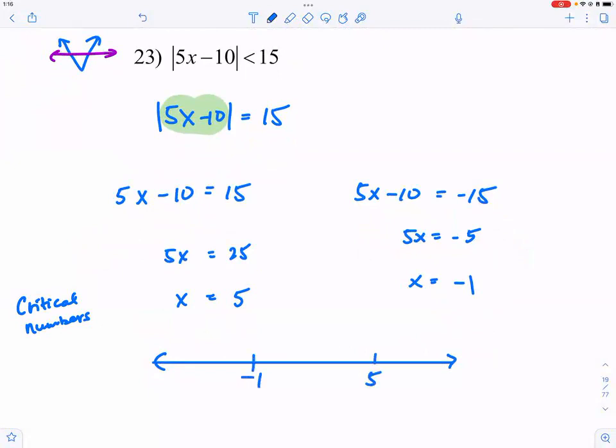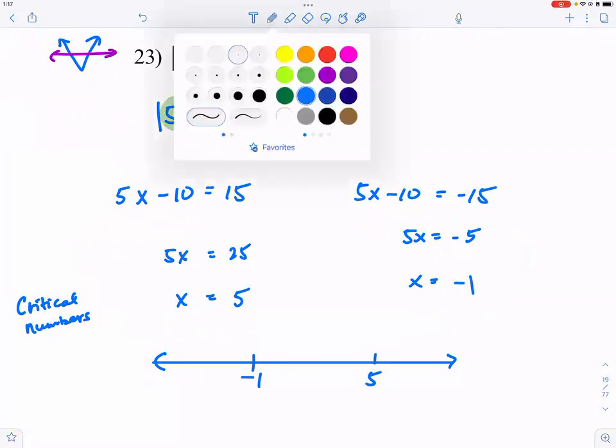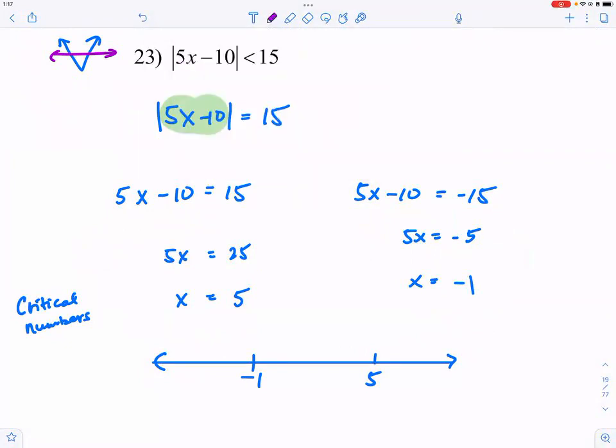Negative 1 and 5 for x would make the left-hand side equal to 15, but we want it to be less than 15. So let's test some numbers. Let's pick a value less than negative 1, let's say negative 2.